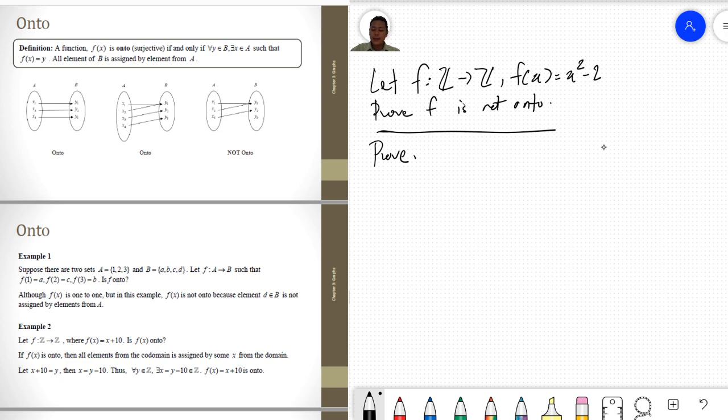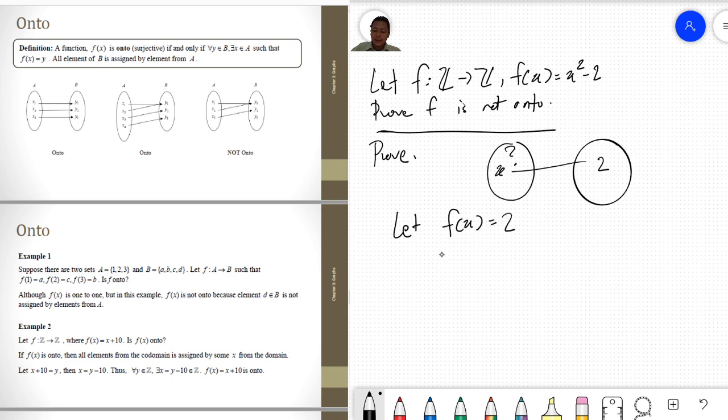I just think like this. Suppose I take an element in the codomain, let's say 2. Does there exist some element x here which can be assigned to it? This is a question mark there. Based on this idea, I just let f(x) equal 2, so x squared minus 2 is equivalent to 2.